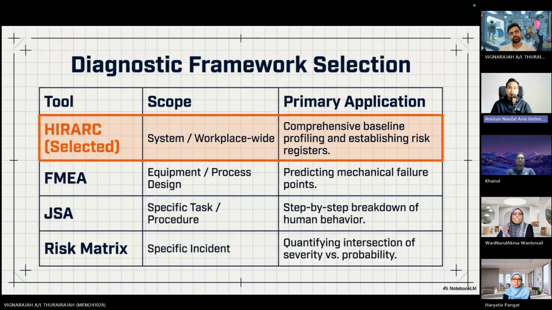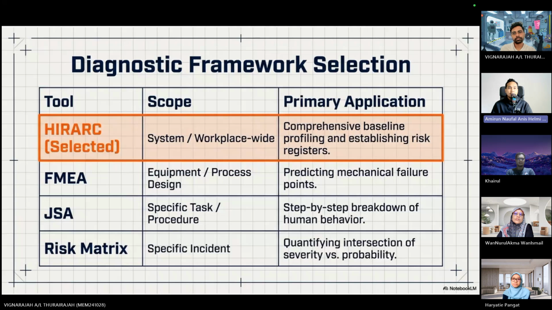For the group discussion outcome, all of our members agreed to use HIRAC. HIRAC is not necessarily better than FMEA, JSA or risk matrix, but HIRAC encompasses all of the risk assessment together with the risk control. HIRAC stands for hazard identification, risk assessment and risk control.